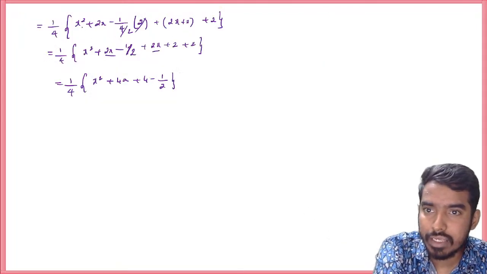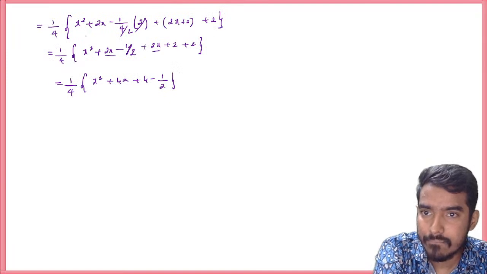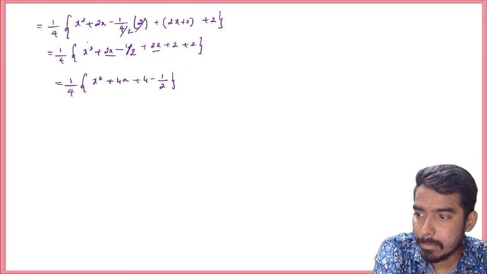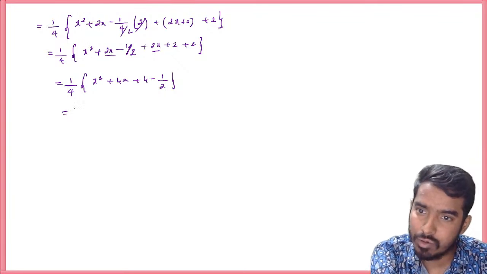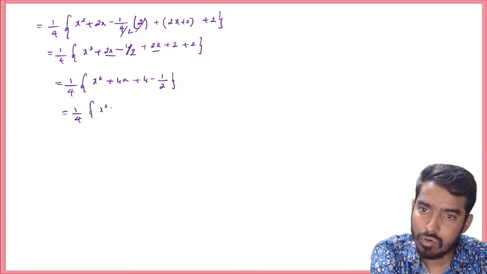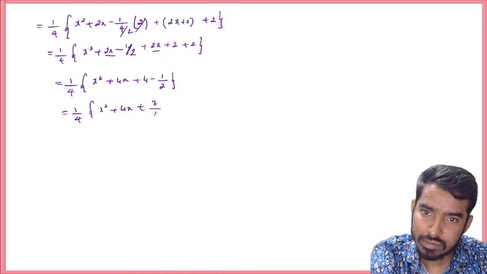We have this to be x square plus 4x plus 4 minus 2. So 1 by 4 x square plus 4x plus 7 by 2. Right? This is the required answer.